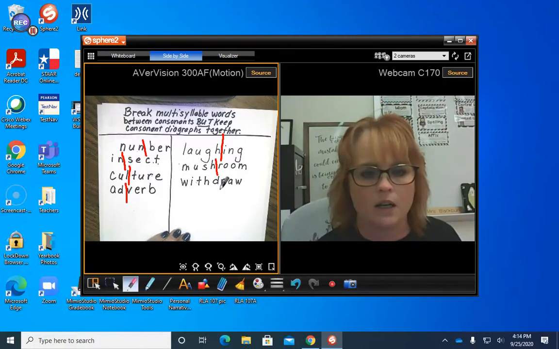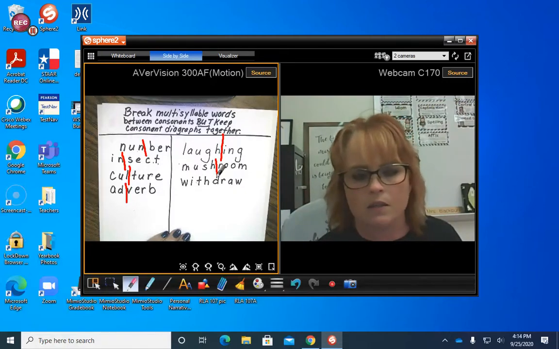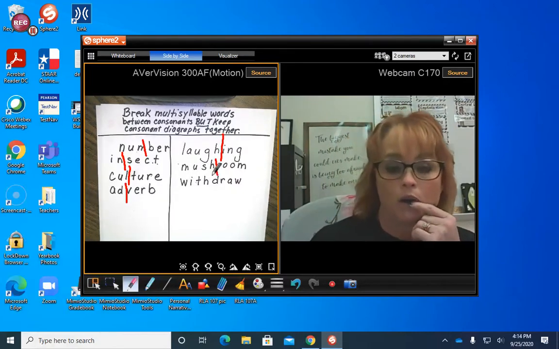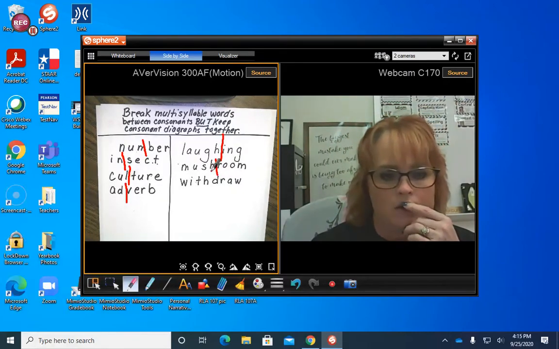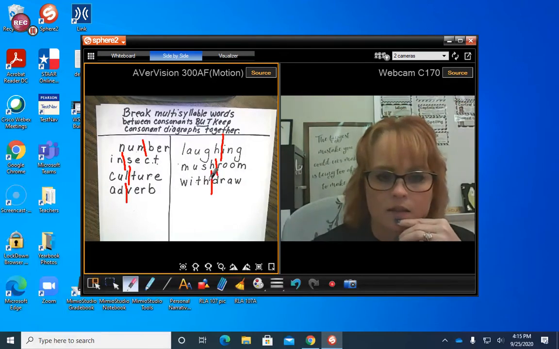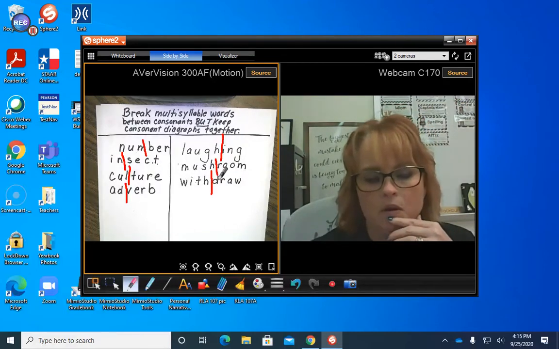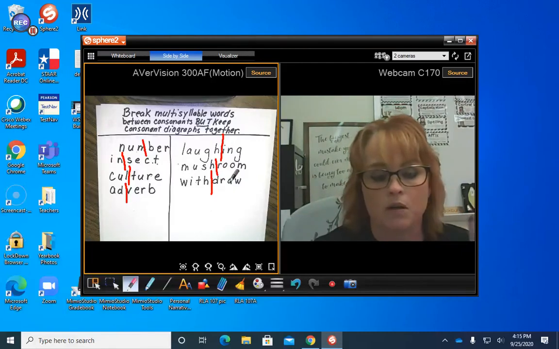If I split it here, that would make it with the raw. That doesn't sound right. It doesn't sound right at all, Mrs. Blackburn. So, I'm going to try and split it here and see if I can say this syllable and then say this syllable and see if it makes sense and it is a word.